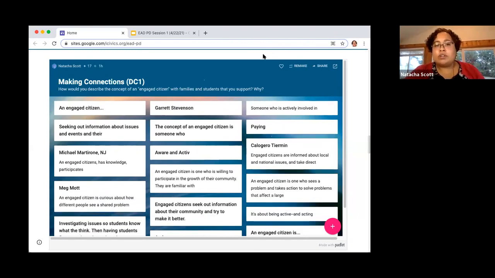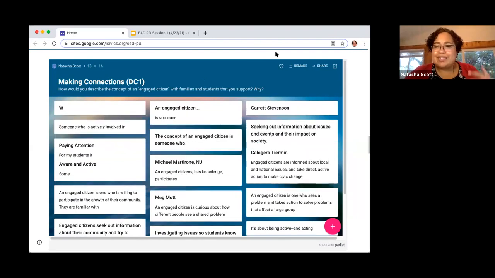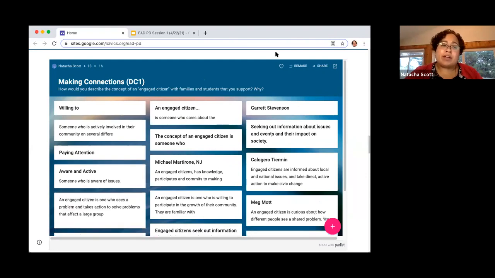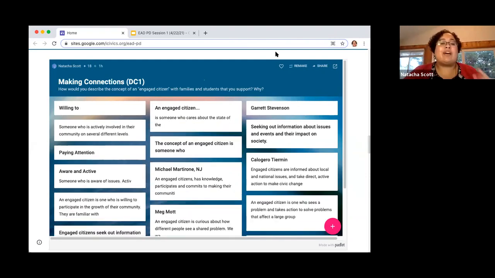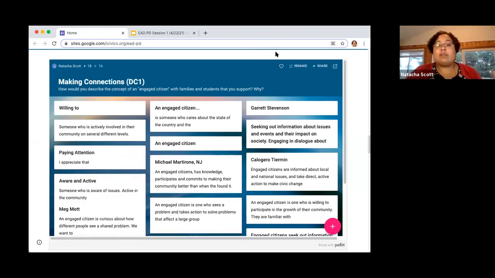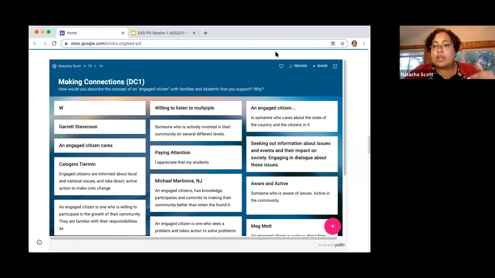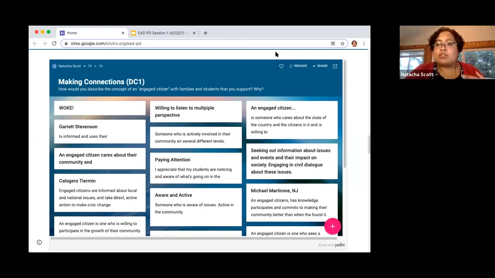On your pad you can scroll down and continue to read what your peers have been sharing. Someone who's aware of issues, someone who's involved in their community at different levels, someone who cares about the state of the country and their community, seeking out information on issues and events. And as we see our individual ideas populate here, we can really start to see the threads that come to the surface.